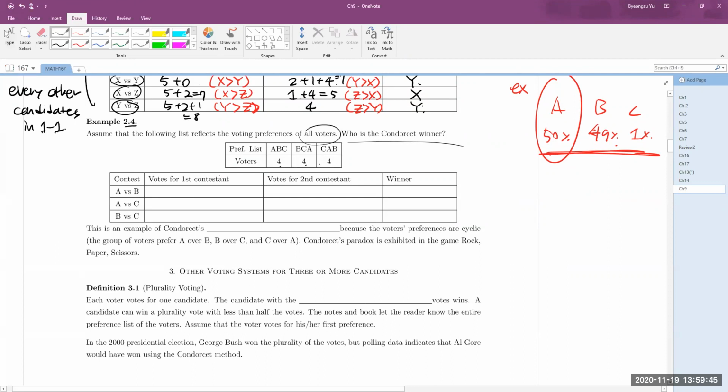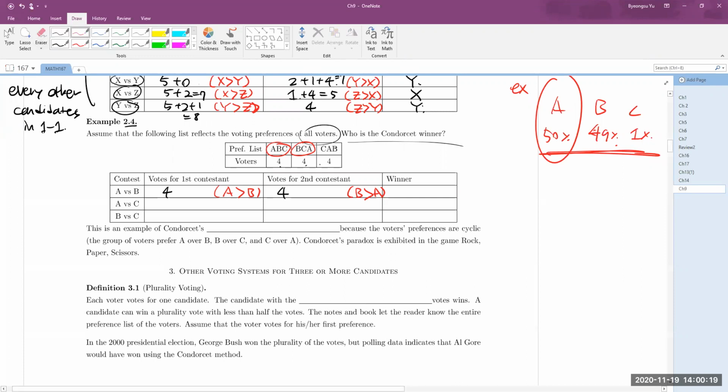In the first preference list, definitely voters in ABC think that A beats B. So we need to add here for those who think that A is better than B, and the other cell is for B is better than A. And we just count 4 for A, someone who thinks that A is better than B. And in the second preference list, B is better than A. So in this case, we add 4 voters in the second cell.